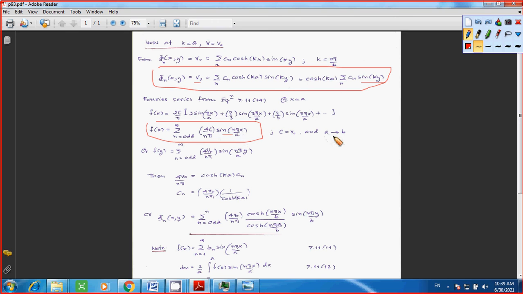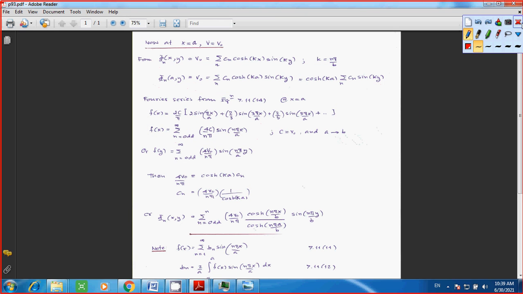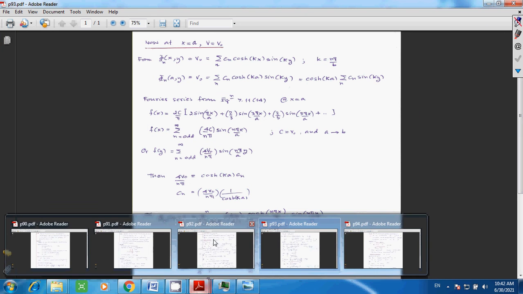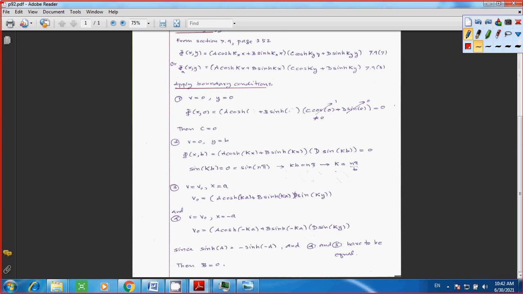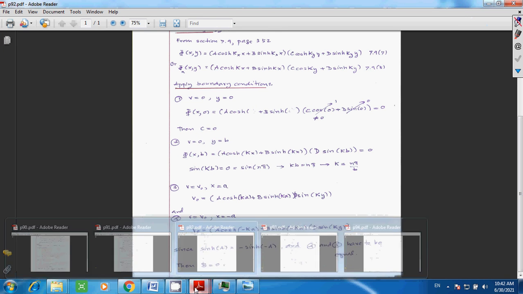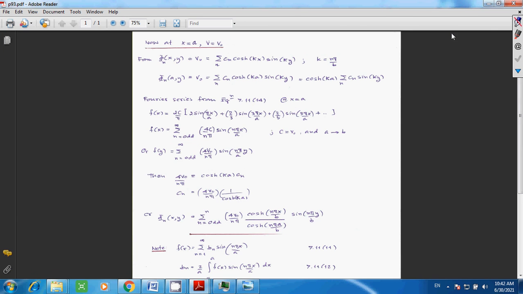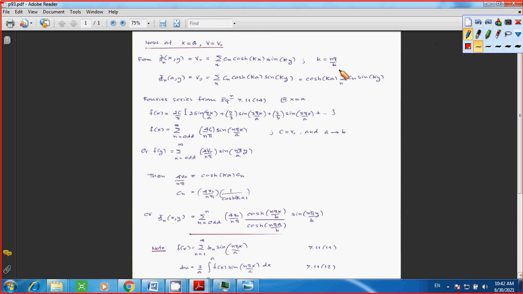Your k, your a simply becomes b. You need to go back to the previous page, because here you have k equal to n pi over b. But from equation 7.11.14, you have this one become n pi over a.